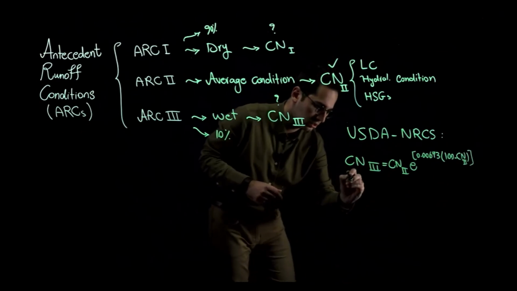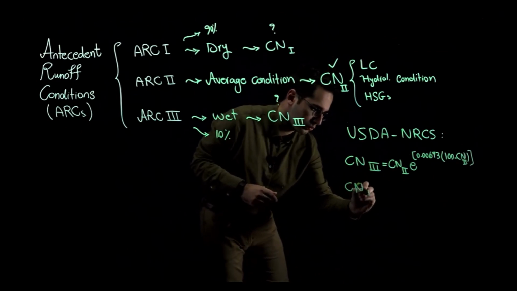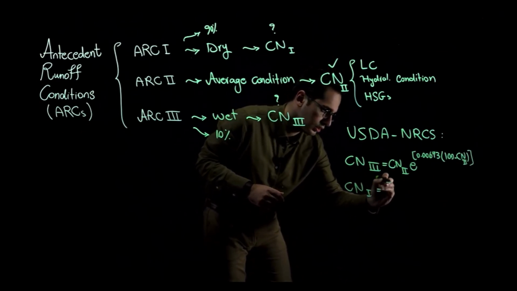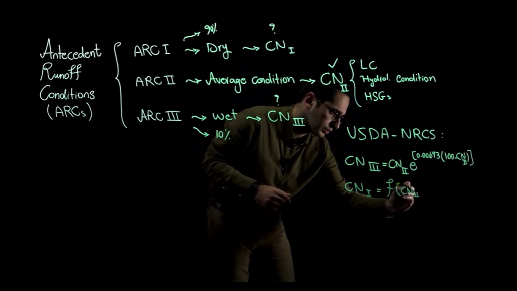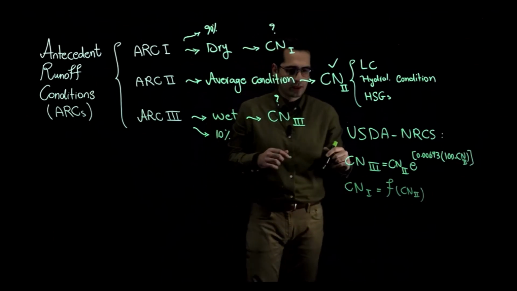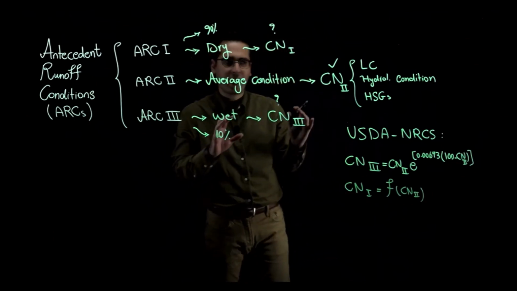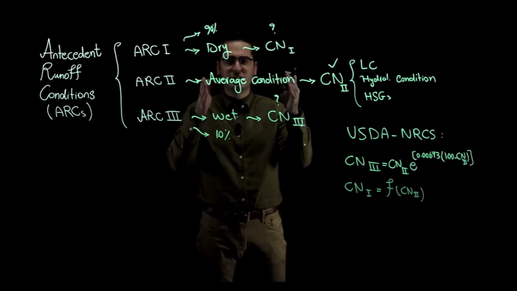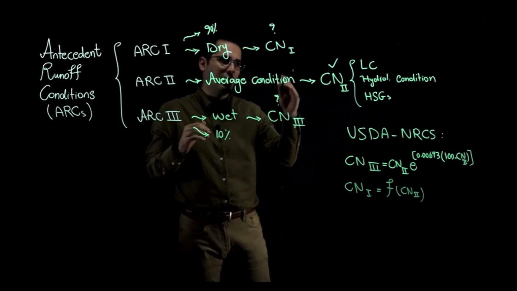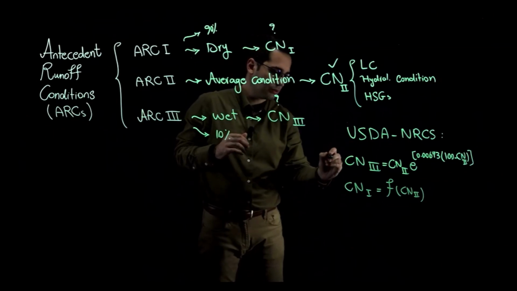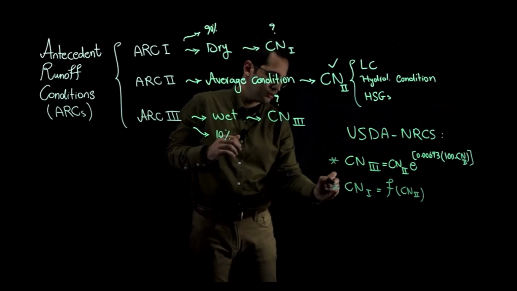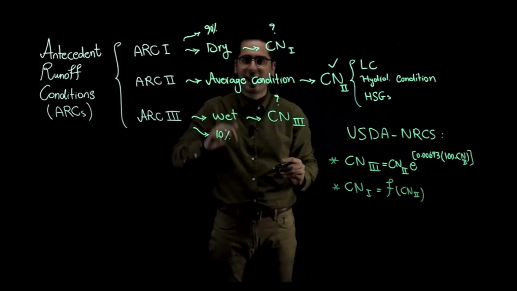And similarly, curve number 1 is a function of curve number 2 as well. All right, so right now, you know how to find curve number 2 that represents the average condition, and you know how to use curve number 2 to find a representative curve number for dry condition and wet condition.